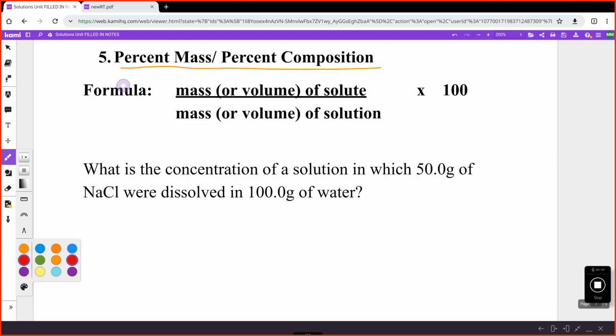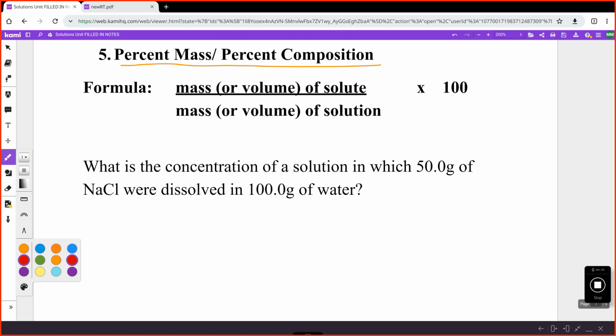The last concentration calculation is one that we've been doing for a while. This particular formula is not on table T, but the formula that says the part over the whole times 100, the percent composition formula, that is on your reference table, and that is all this is talking about. The part is clearly always the solute.